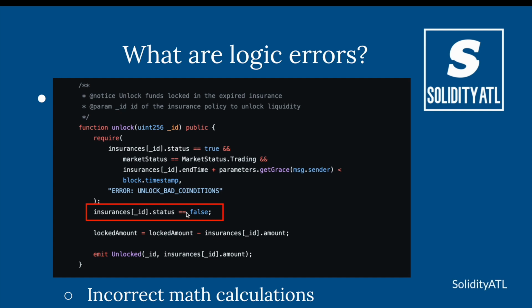So now we have is status equal to false, and that just returns a value that's not even checked, or it doesn't even matter, because this is supposed to be making the status false, not checking it. So this is a case where there's a logic error. The developer accidentally made this a conditional statement instead of actually setting the status to false.